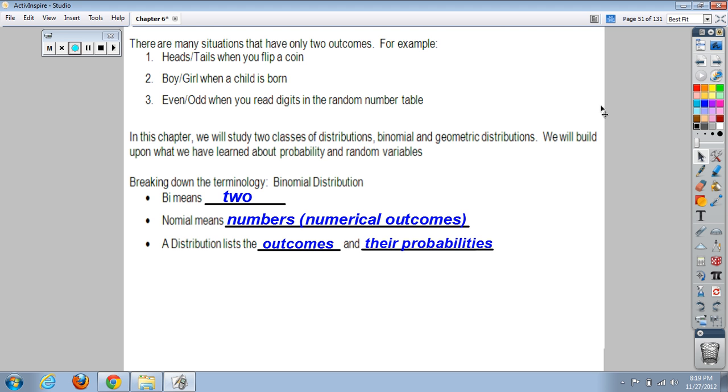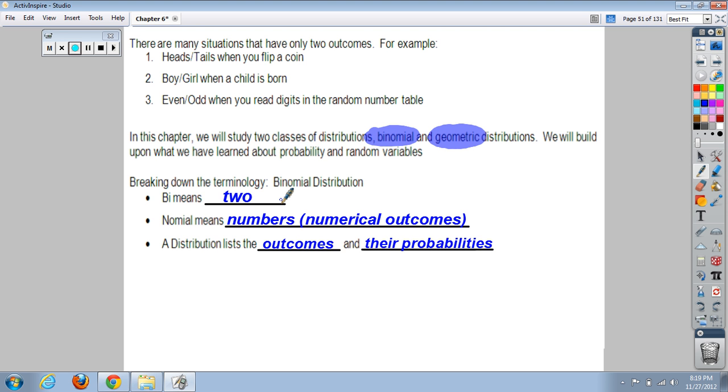Okay, and not only are we going to talk about binomial distributions, but later on in this section we will also discuss things called geometric distributions, which are very, very similar to binomial distributions with one slight difference. Now, in the binomial distribution, bi means two, nomial means numbers or numerical outcomes, and distribution means we're going to list the outcomes and their probabilities.